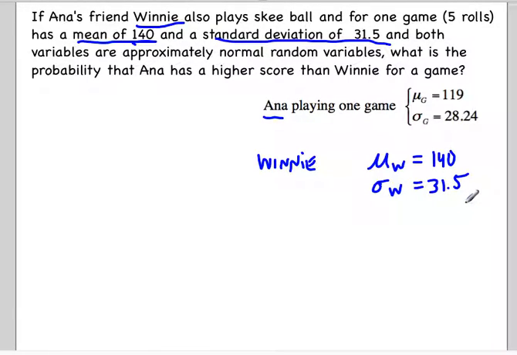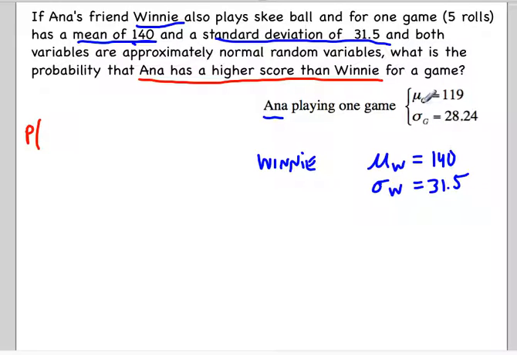Okay, now we are trying to find the probability that Anna has a higher score than Winnie. If I'm going to write that out, it would be saying Anna, oh man, you know what?